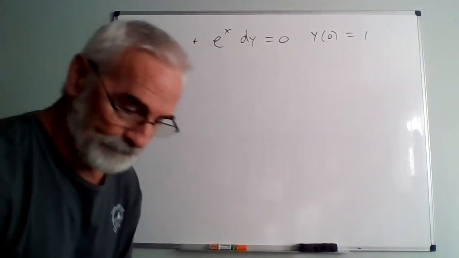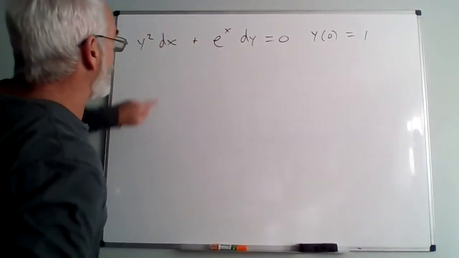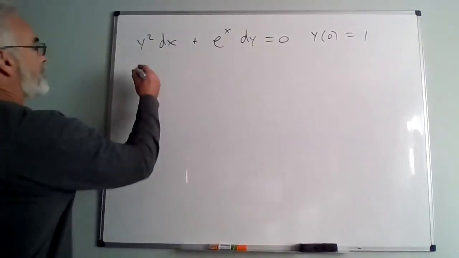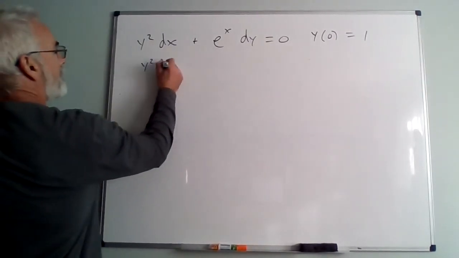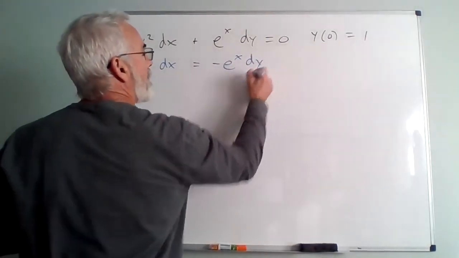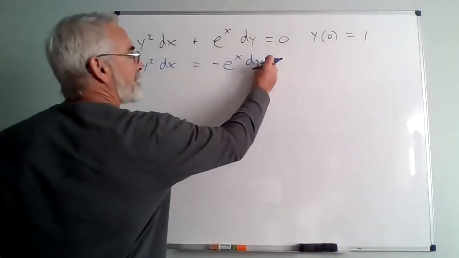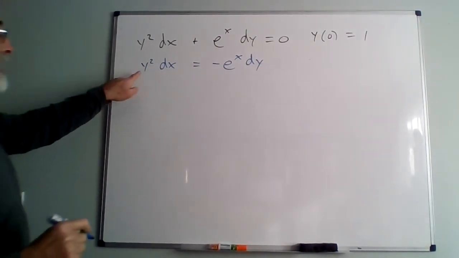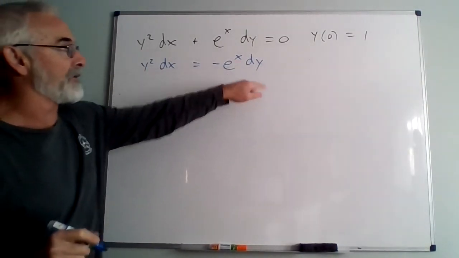Now, with that, I can't integrate anything yet because the variables don't match. So the first thing we're going to do is rearrange this. Now remember, dx and dy are not quantities. They are instructions. They tell me how I'm supposed to integrate. So I have to have x with the dx and y with the dy.